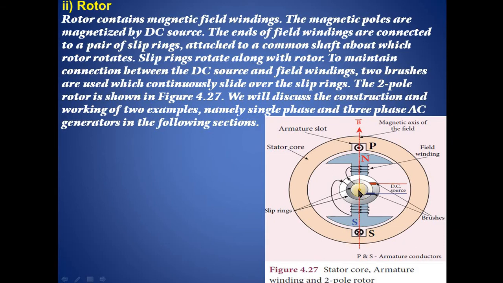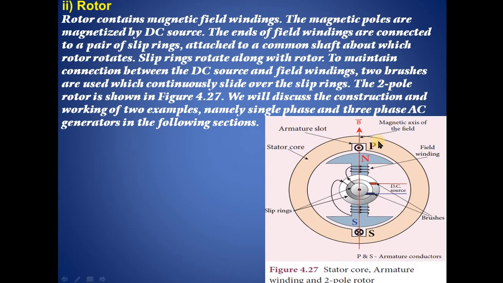To maintain connection between DC source and field windings, two brushes are used, which continuously slide over the slip rings. A two pole rotor is shown in this figure.